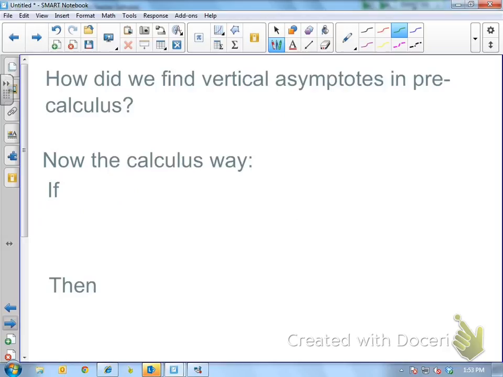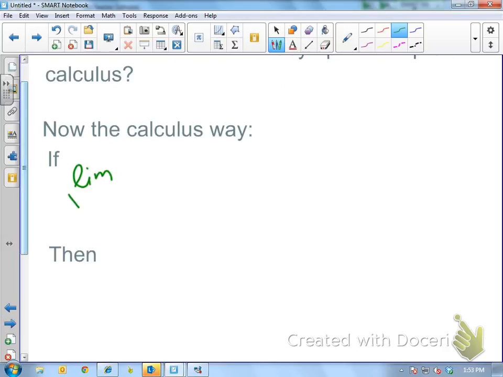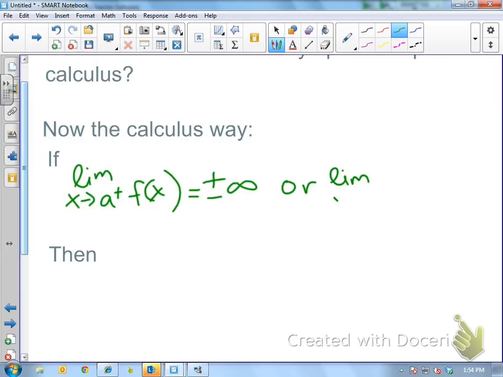Okay, so vertical asymptotes. We get a vertical asymptote if we have a 0 in the denominator. That's how we considered vertical asymptotes in pre-calculus. In calculus, if the limit as x approaches a from the right of a function is positive or negative infinity, or the limit as x approaches a from the left of a function is positive or negative infinity, then we have a vertical asymptote.